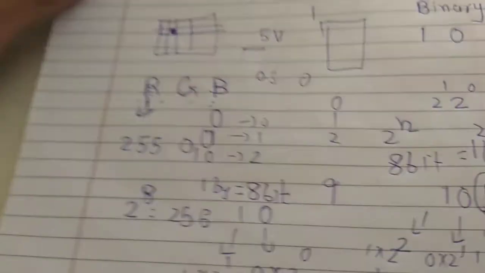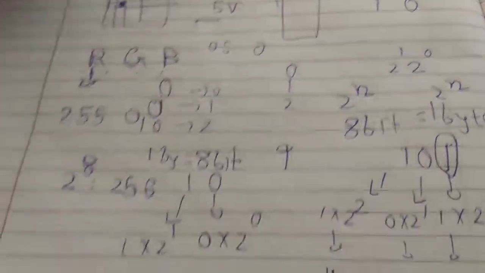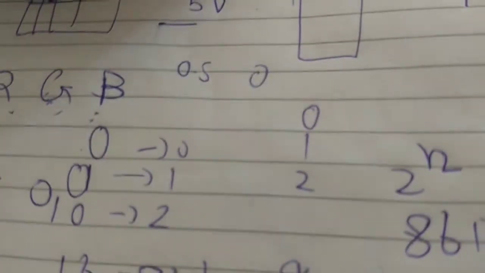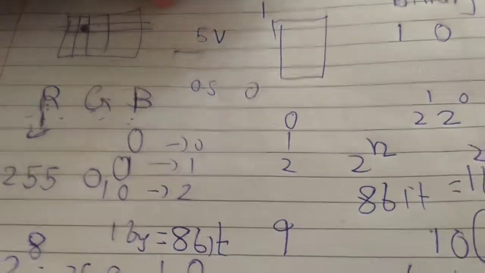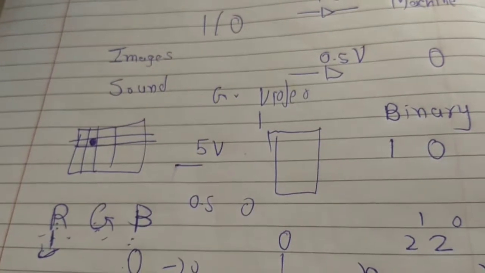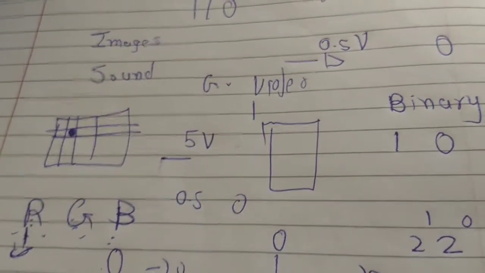This is how images and pictures work. A group of pictures is called a video, so videos contain more data storage than images.